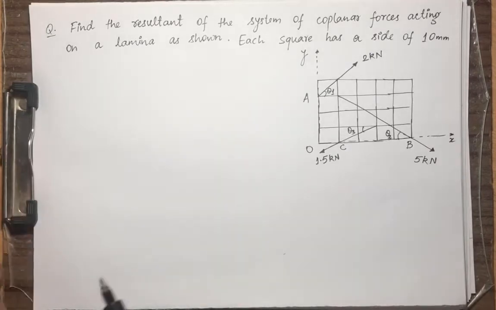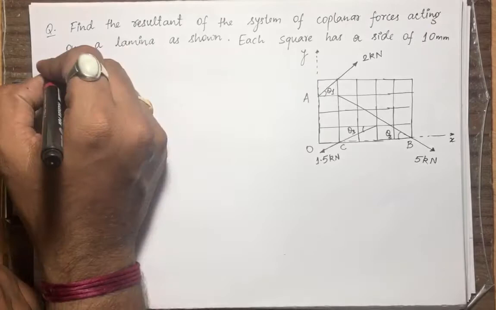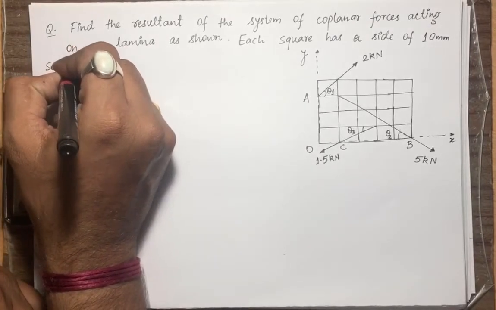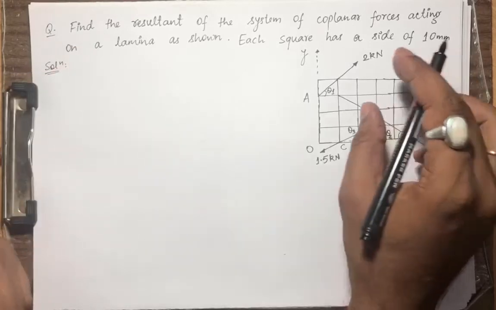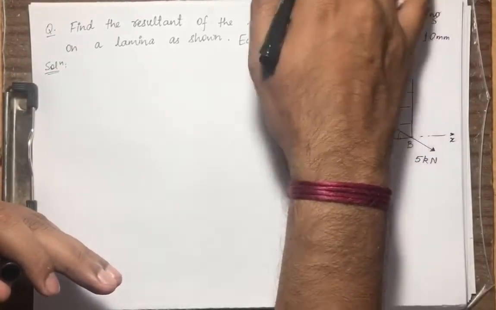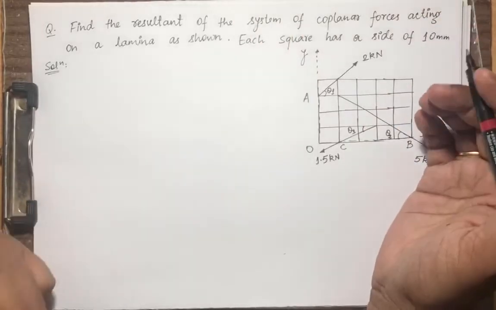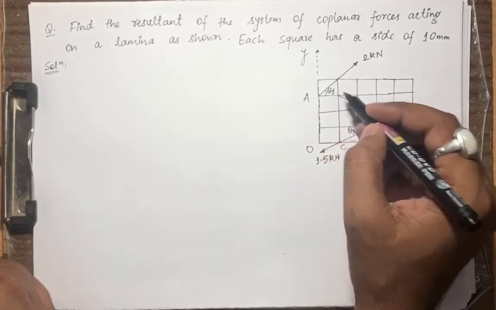So first of all, let us solve this problem. For finding the resultant, we have to resolve the forces in the x direction and y direction. For that we must know the angles, so we have to define them.